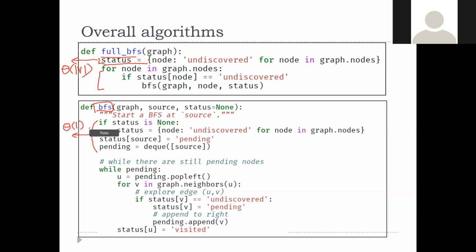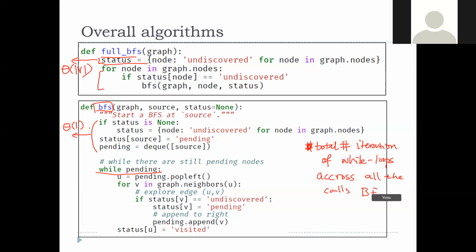Then we get into the while part. The final time complexity depends on how many iterations there are. So what we really want to know is the total number of iterations of the while loop across all the calls made in the for algorithm.